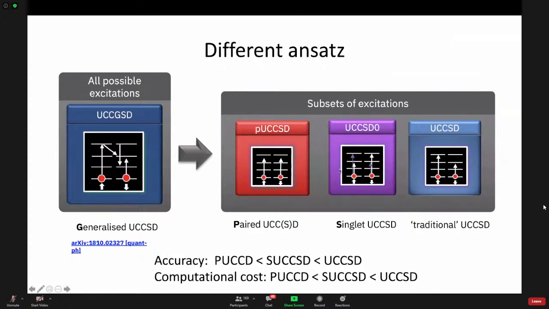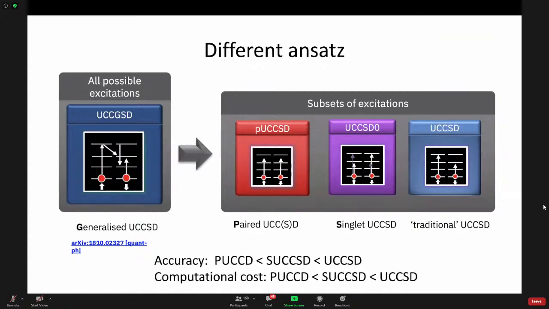And for this second one, which is singlet UCCSD, you consider only one of these, which means there are 2 sets of excitations. The up goes here and the down goes here, or the up goes here and the down goes here. Energetically, it should be the same.